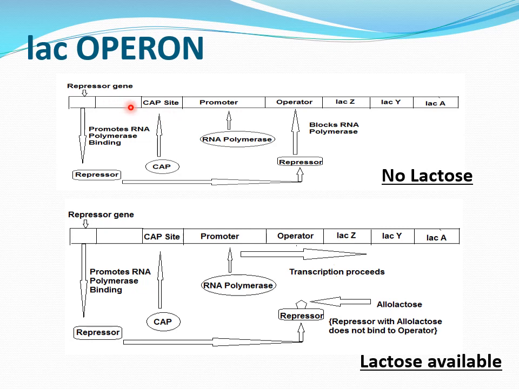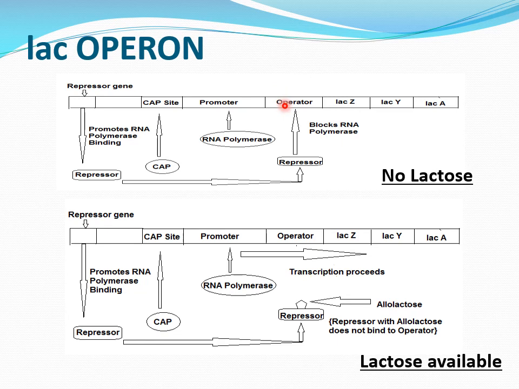And again there are certain repressor genes. These repressor genes may be present anywhere on the chromosome. They are responsible for producing the repressor protein that will bind to the operator.